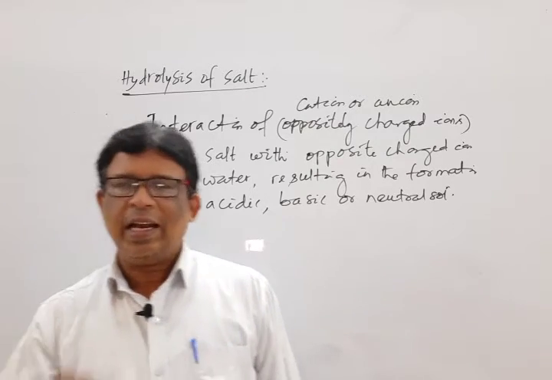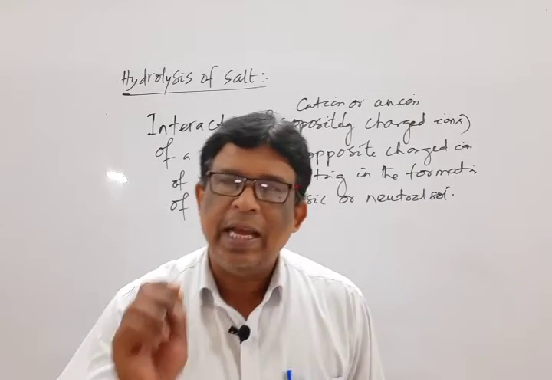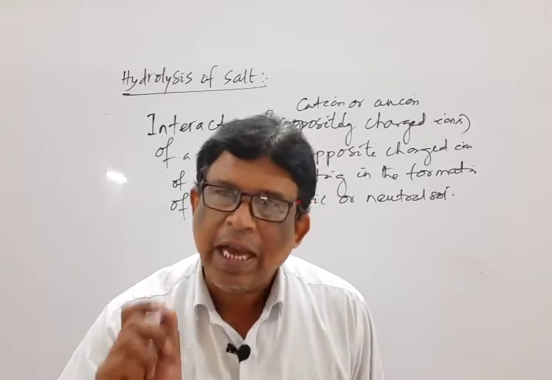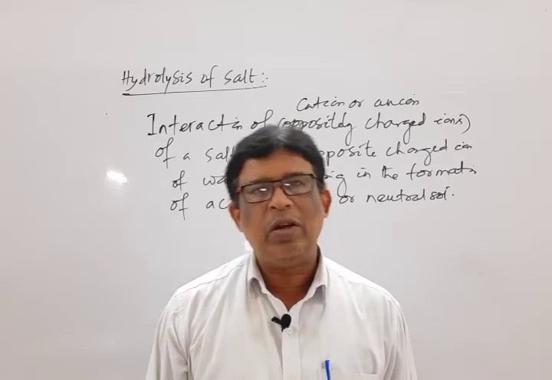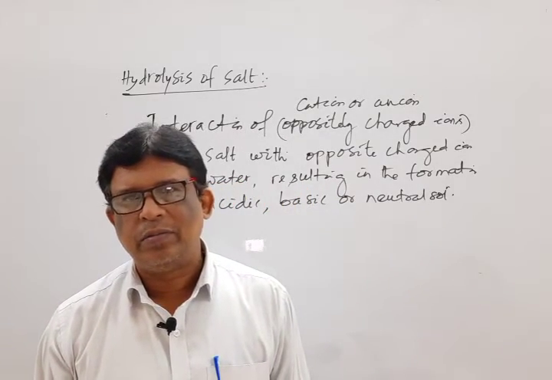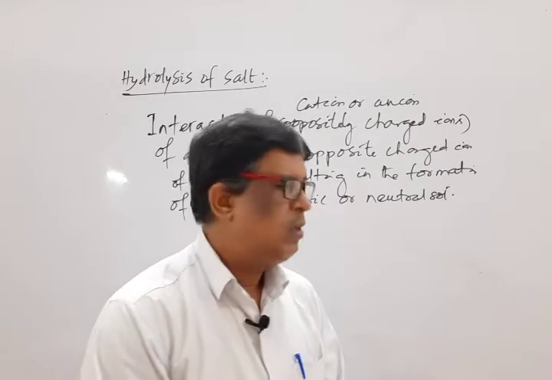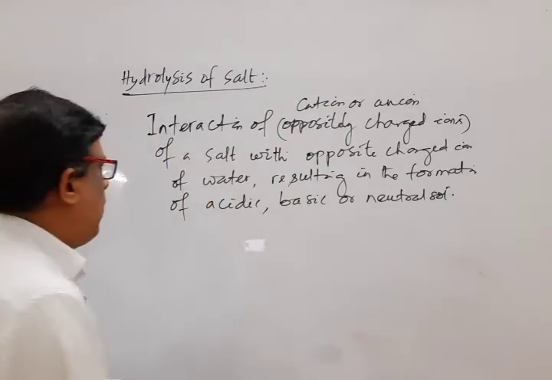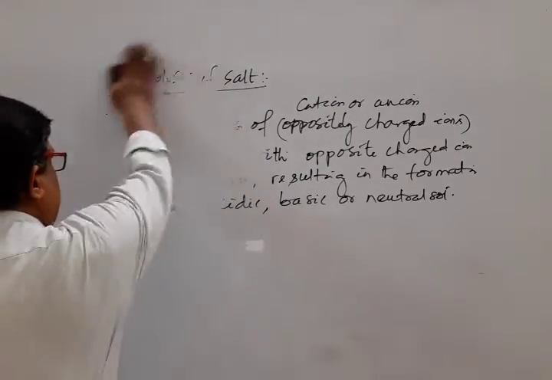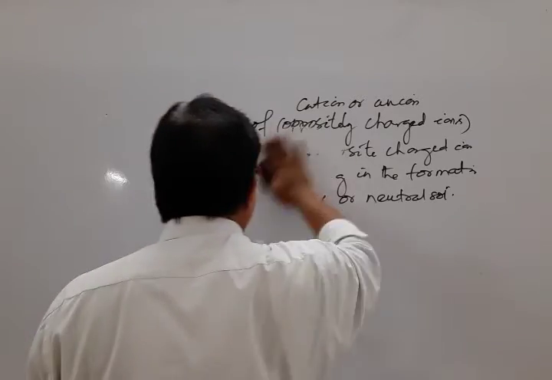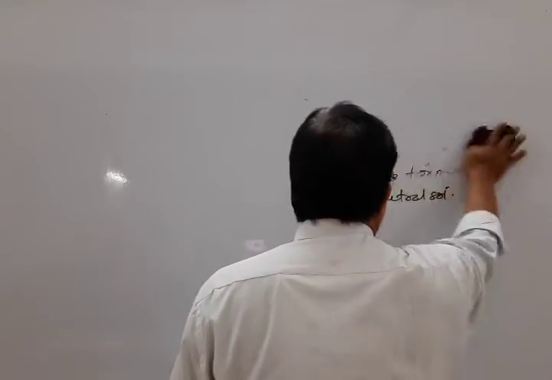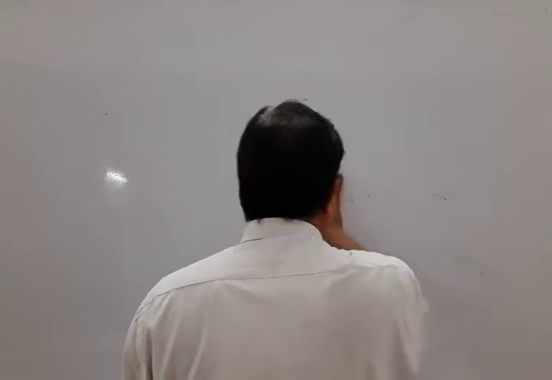Okay, good. Depending upon the nature, depending upon the type of salt, hydrolysis of salt is also classified into 4 types. That means, I repeat again, hydrolysis of salt is carried out in 4 different phases.